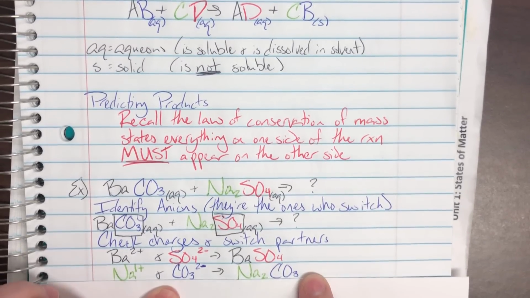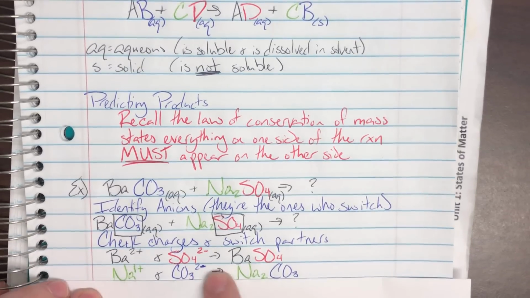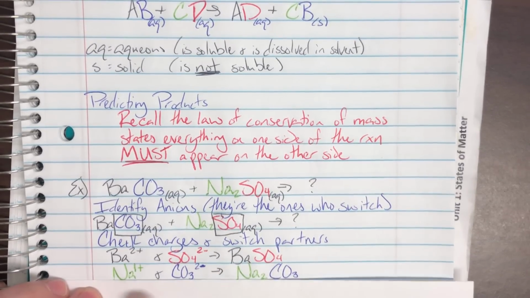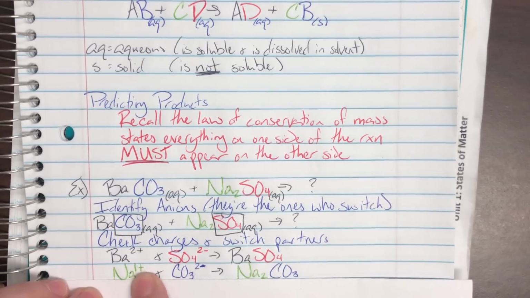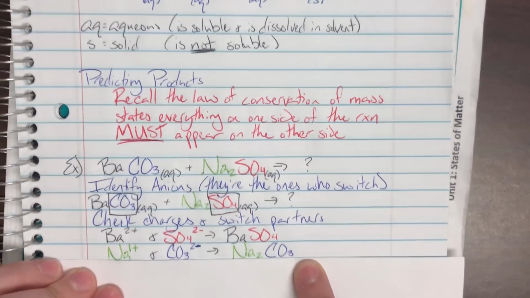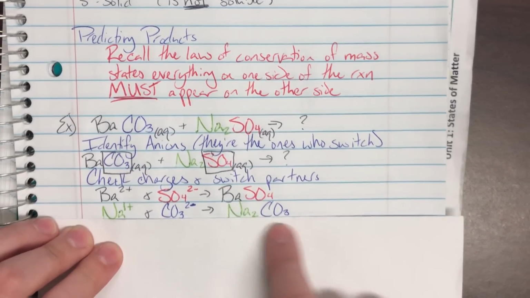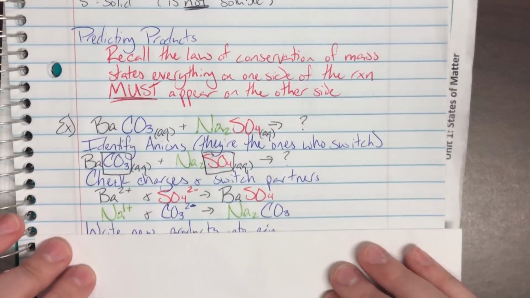Another way that you could have done this is you could have exchanged charges for subscripts. Carbonate's charge 2 became sodium's subscript. Sodium's charge 1 became carbonate subscript, but we don't write ones, so it was just left alone. Now if I had had multiple carbonates, then I would have had to have parentheses around those, but I don't, so we're all good there.